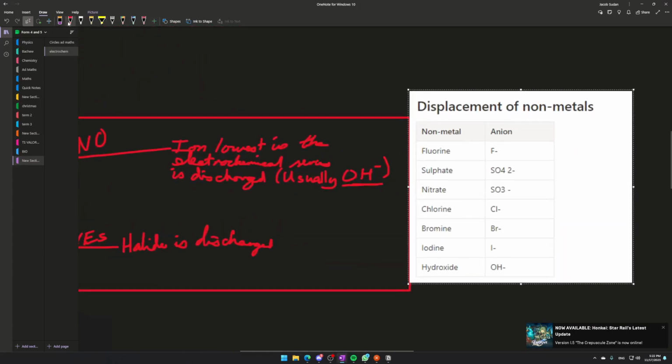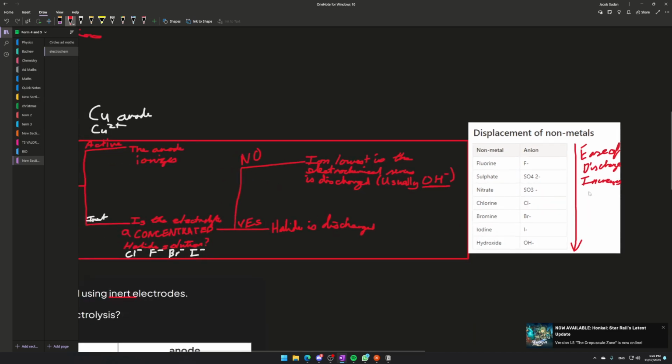This is the electrochemical series of anions, and again the ease of discharge increases downwards, and I believe that is all we have to know about this aspect of electrochemistry.